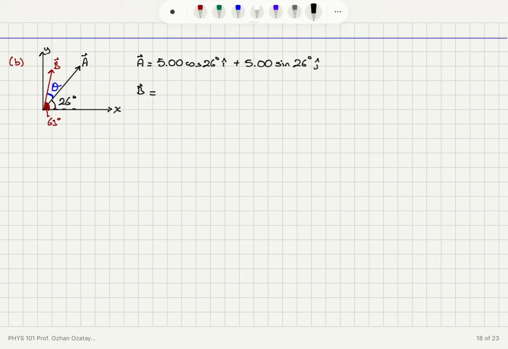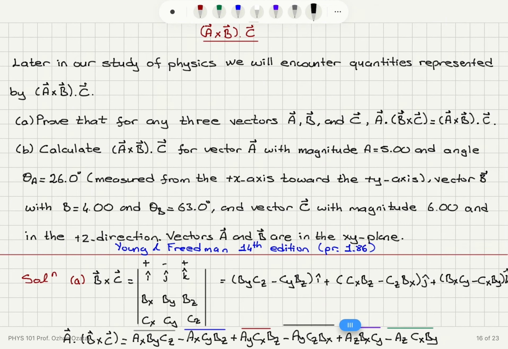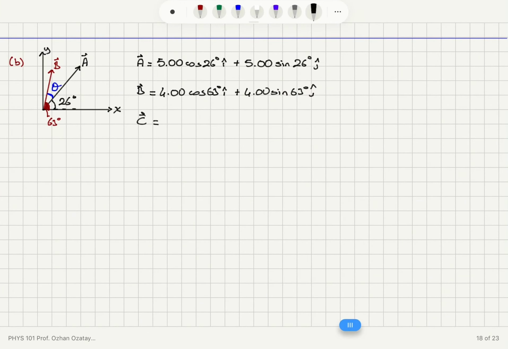Vector B has magnitude 4, so it is 4 cosine 63 i hat plus 4 sine 63 j hat, and vector C has a magnitude of 6 and points in the positive z direction, so vector C is 6 k hat.